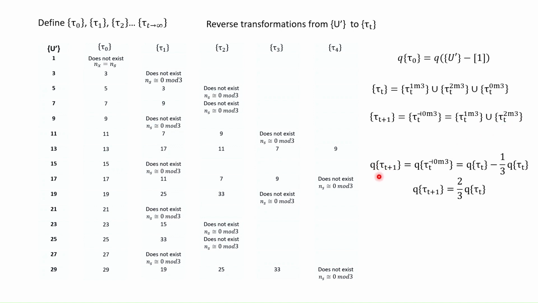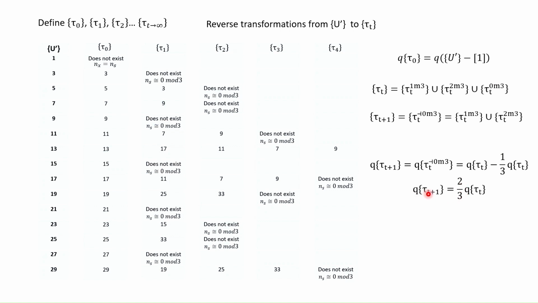Alright. So quantity of tau sub t, what can that be? We know that quantity of tau sub t plus 1 is basically quantity of tau sub t that is not 0 mod 3, representing this. So when you say not 0 mod 3, you take all the number of elements in tau sub t minus 1/3 of tau sub t. Why? Because we know this is 1/3 of the total number of elements. So you subtract it by 1/3 and you get 2/3.